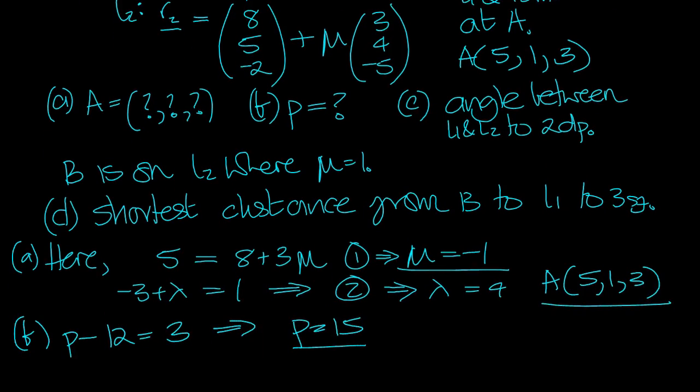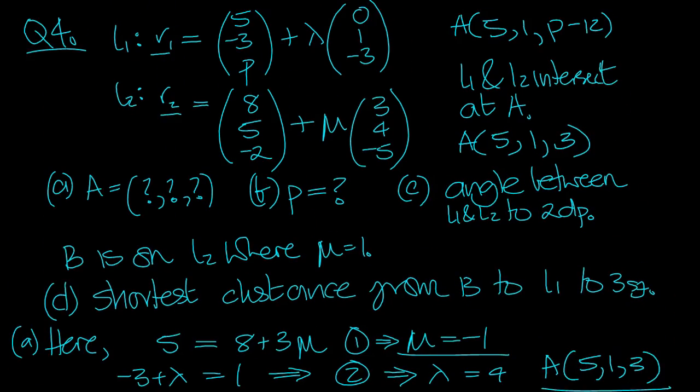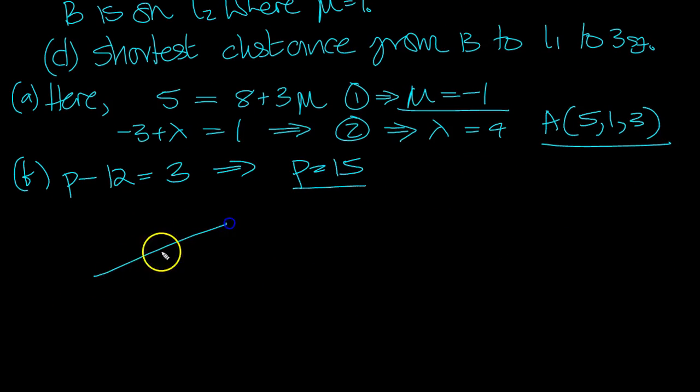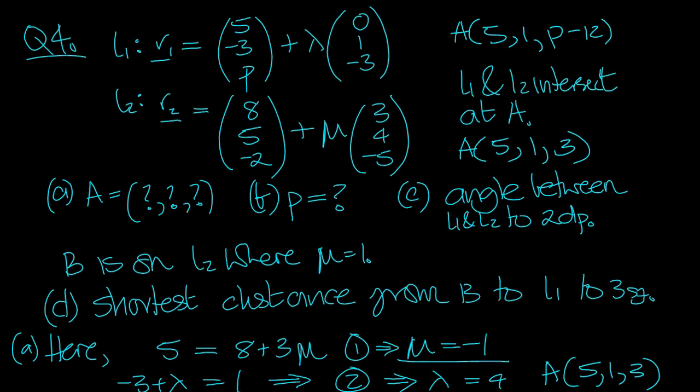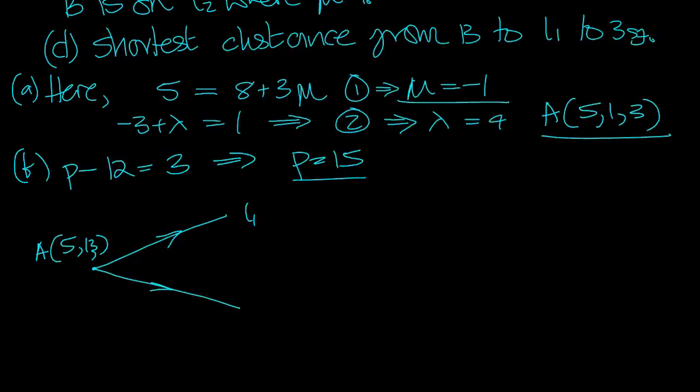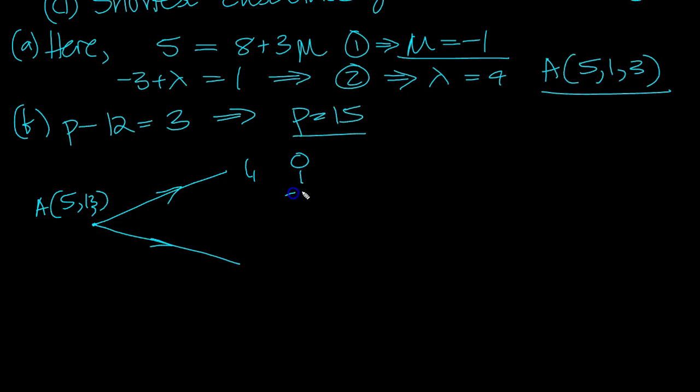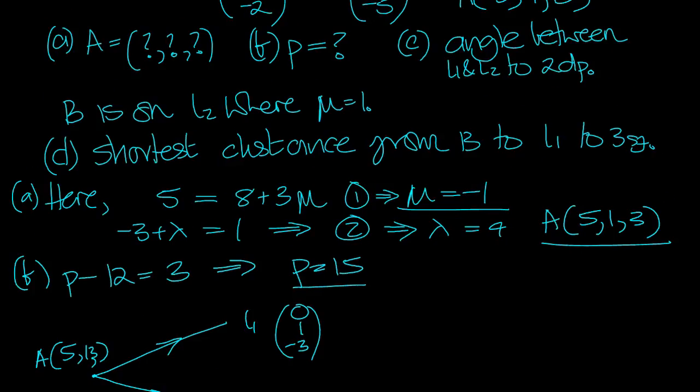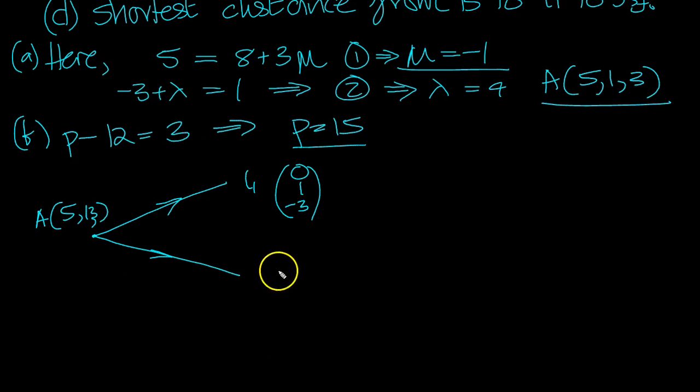Good. C, angle between line L1 and L2. Okay, so they intersect at that point A, 5, 1, and 3. And then you've got this direction and this direction. Direction of L1, the direction vector is 0, 1, minus 3. And the direction of this vector is 3, 4, minus 5.